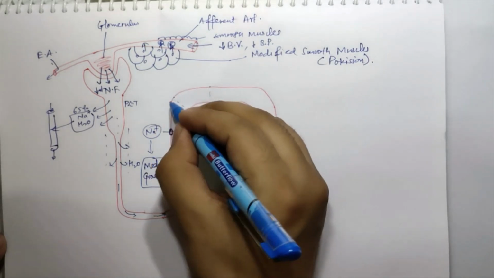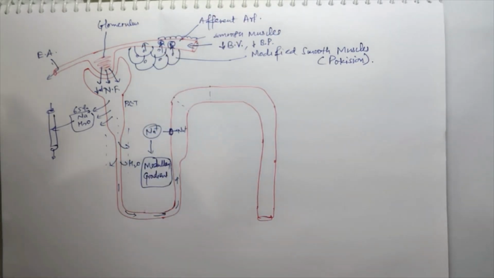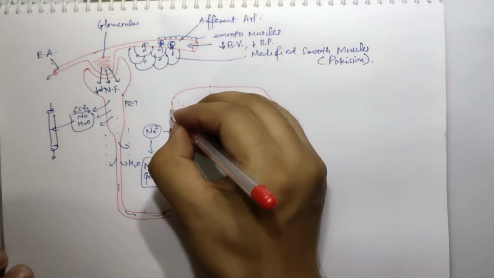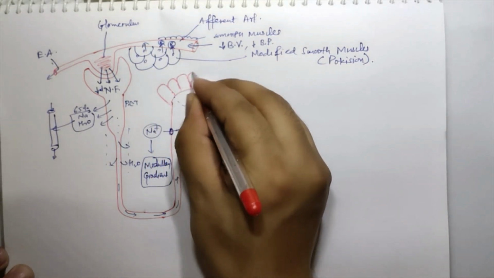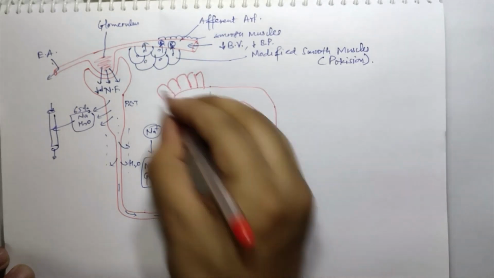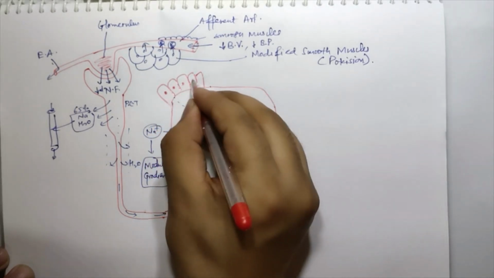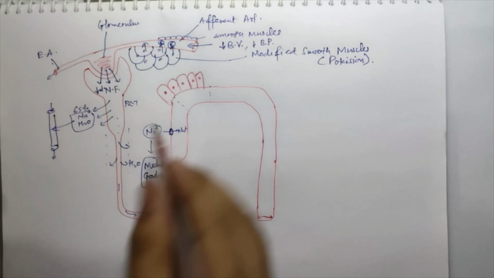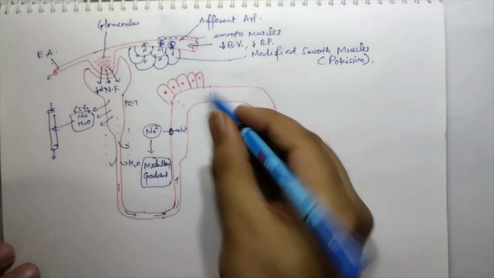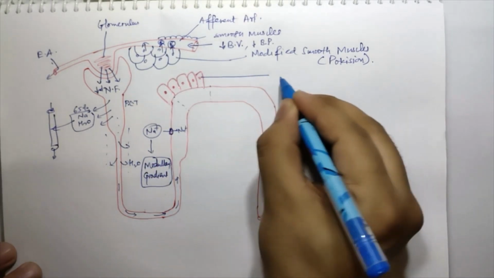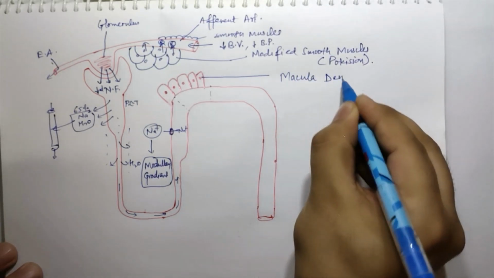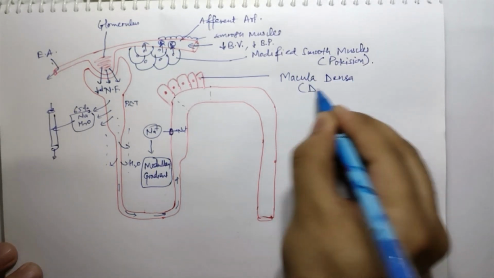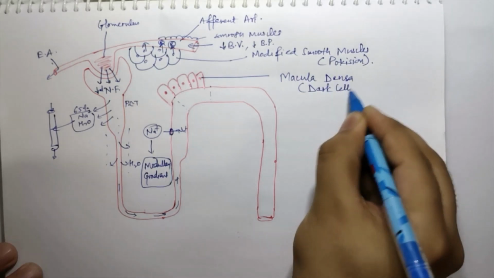Now these two regions have specific cell types, and these cells are dark colored, and they form a patch-like structure. That's why these cells are also called macula densa cells, or dark cells.